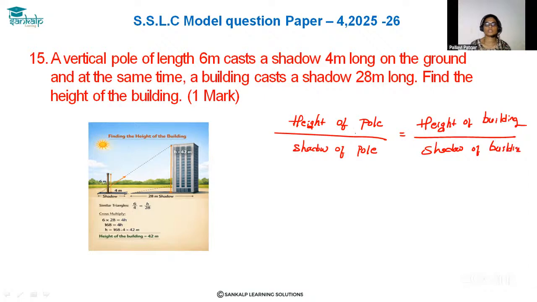So here height of the pole is 6 meter divided by shadow of pole is 4 is equal to height of the building is h divided by shadow of the building is 28 meter. So here solve h. So cross multiply. So 6 into 28 is equal to 4 into h.